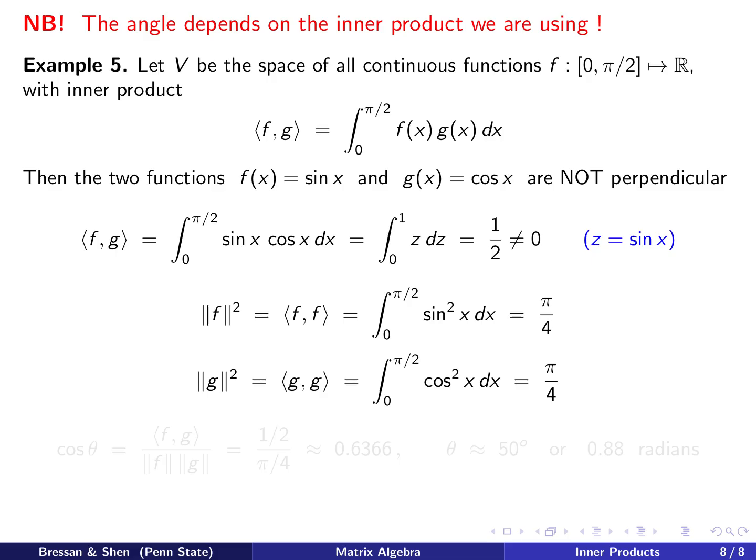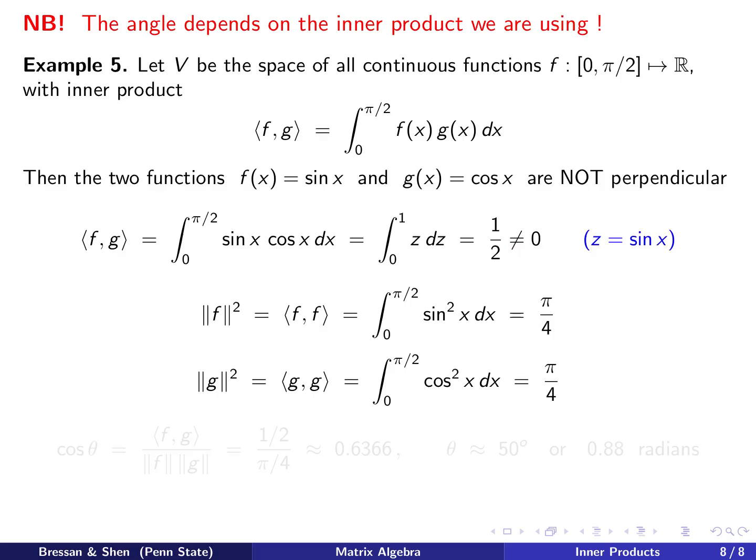Whichever way you choose to compute this integral, one way would be to use a variable change, letting z be sine x, and rewrite the integration as integrating z dz, and then we integrate from 0 to 1, and you see you get 1 over 2 as the result, and that is not 0.